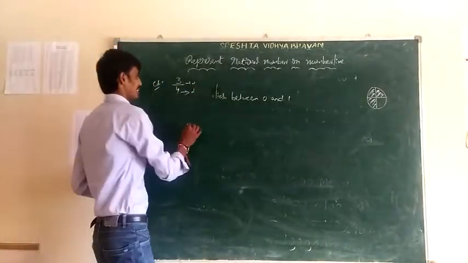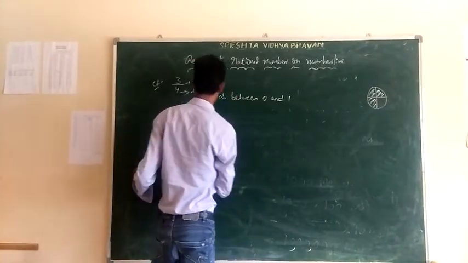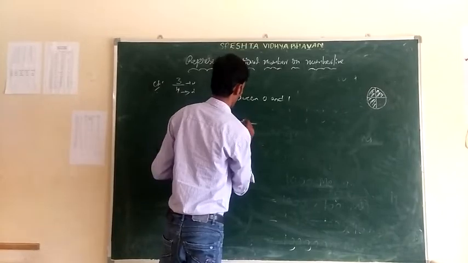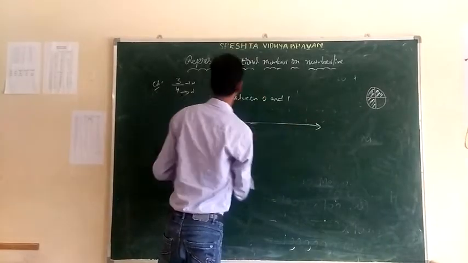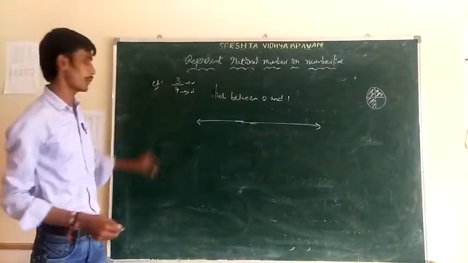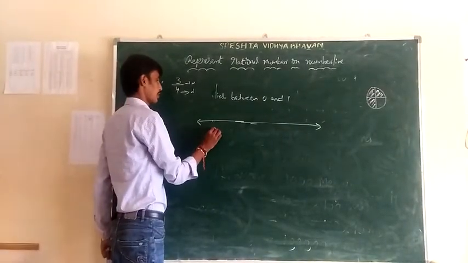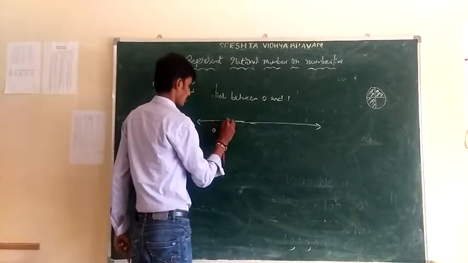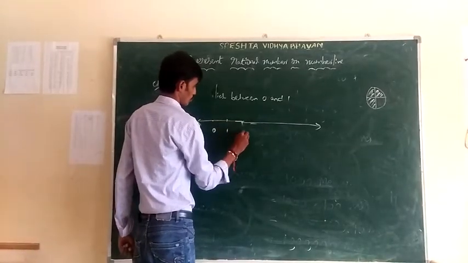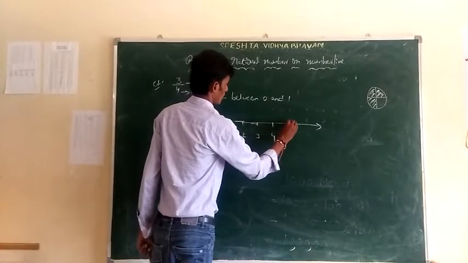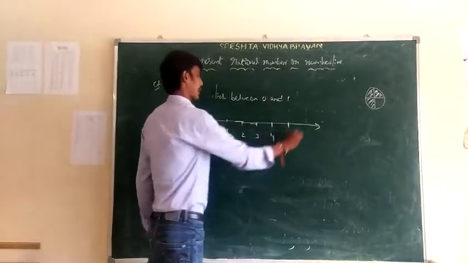So first draw an integer line. Here 3/4 has a positive sign, so I represent positive integers only: 0, 1, 2, 3, 4 and 5, like that.